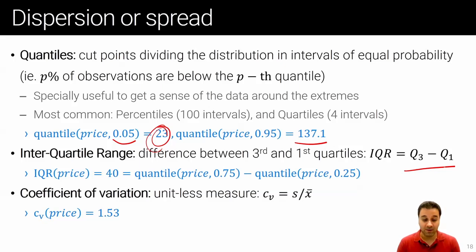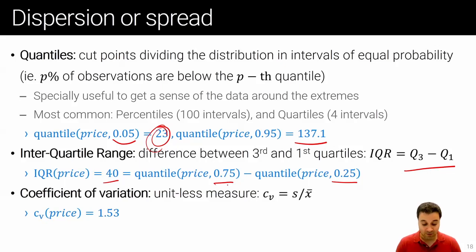So if you take the middle 50% of the observations, what is the range? Where are they? So in the case of the price, again, we're talking about 40 euros. And that means the difference between the bottom 25% and the top 25% is 40 euros. So within those 40 euros, we concentrate 50% of the data.